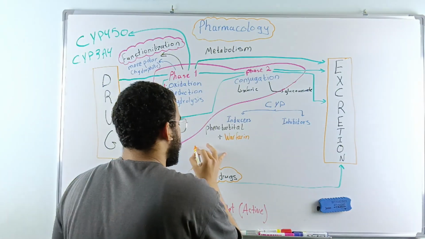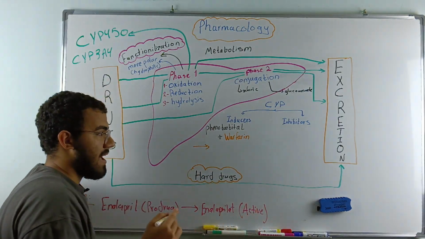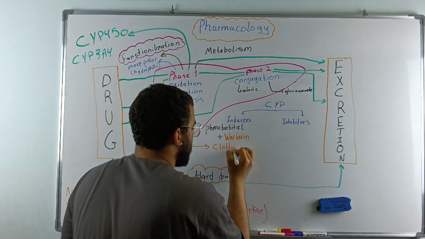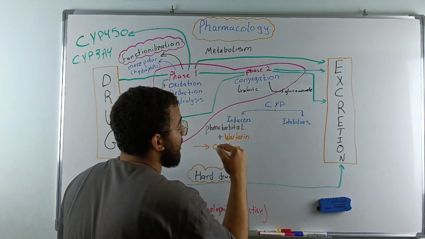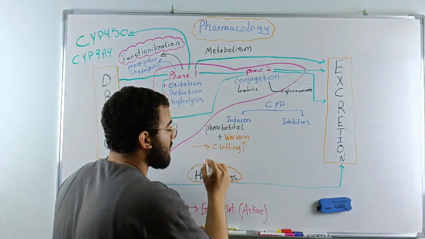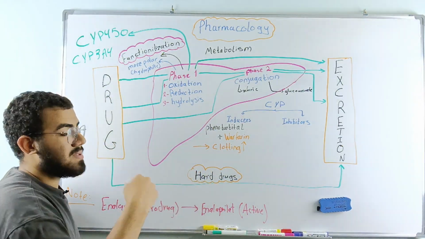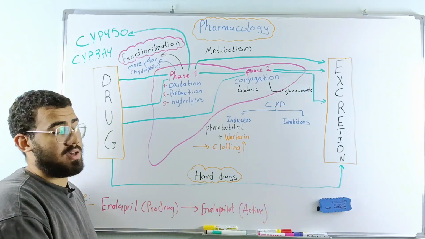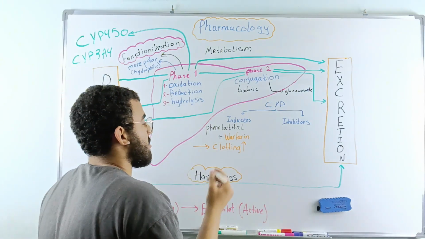You will have a problem. You will have more clotting forms inside your body, because the drug that you're administering to prevent clotting is metabolized in an excessive way, more than it normally should be. So that's why clotting increases.